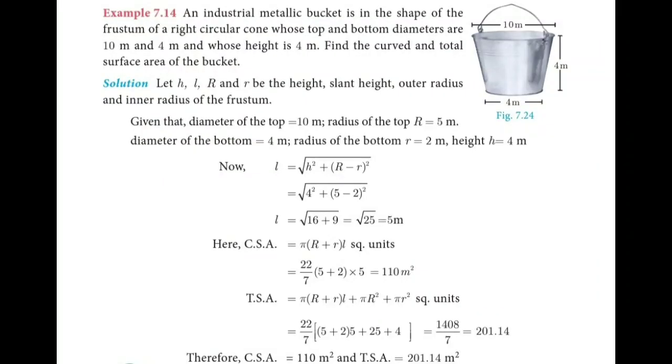Example 7.14. An industrial metallic bucket is in the shape of the frustum of a right circular cone whose top and bottom diameters are 10 meter and 4 meter and whose height is 4 meter. Find the curved surface area and total surface area of the bucket.